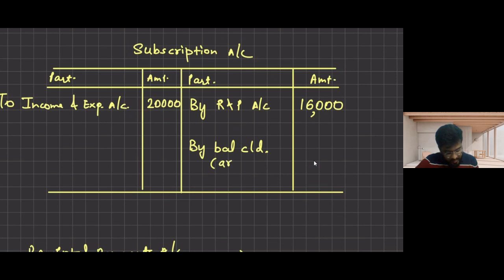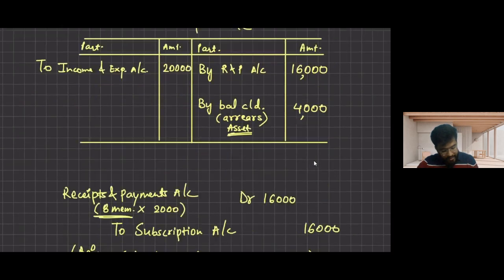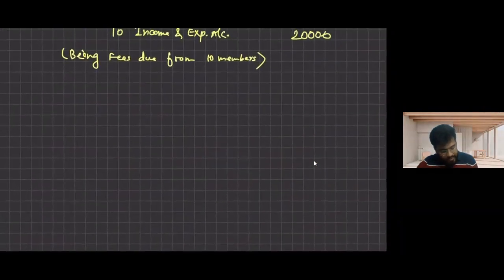This is arrears. Arrears means what? Sir, there are some members who have not paid the fees. That fees will be receivable in future. So this is an asset. So the 4,000 will be shown in my balance sheet. And how will it be shown?